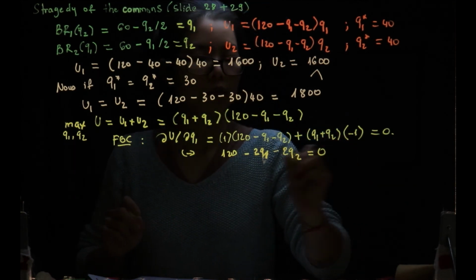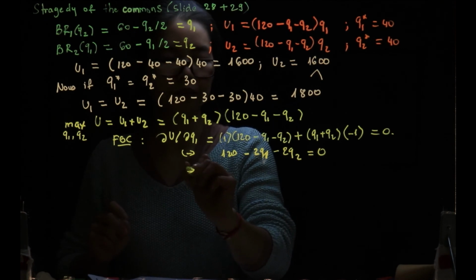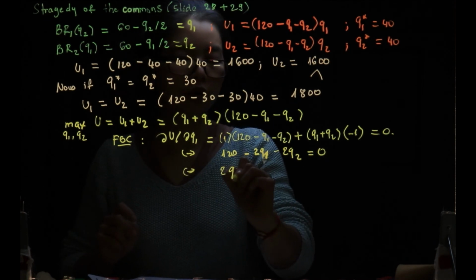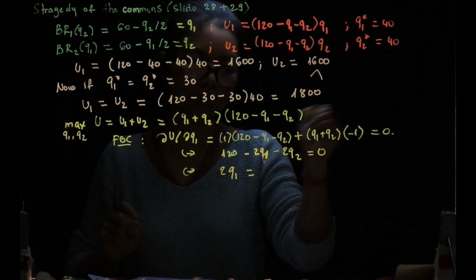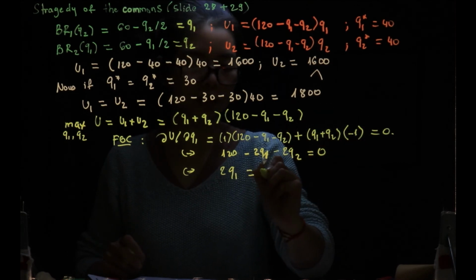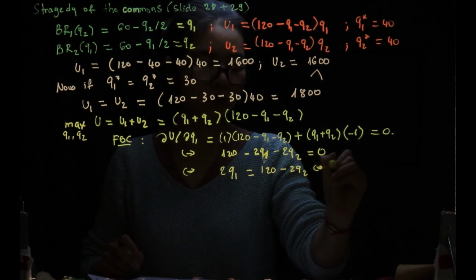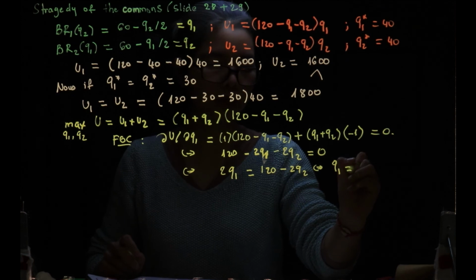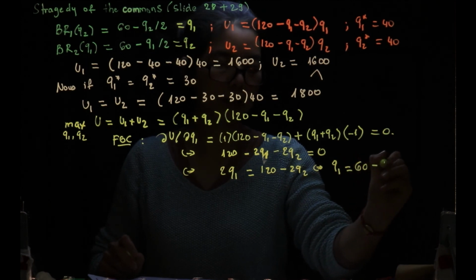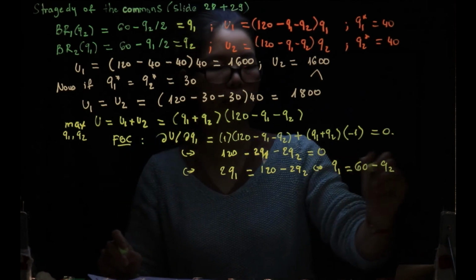Then we solve for Q1. 2Q1, put it on the right hand side, equals 120 minus 2Q2. Simplify further, we have Q1 equals 60 minus Q2, right?